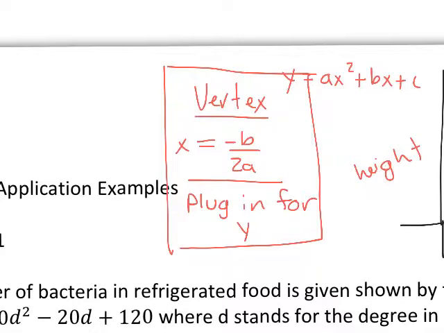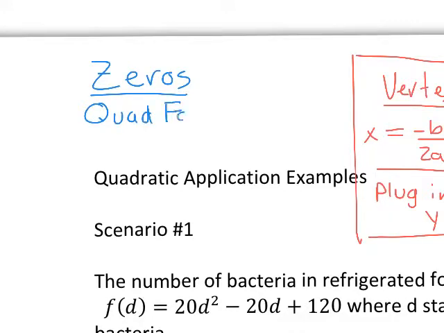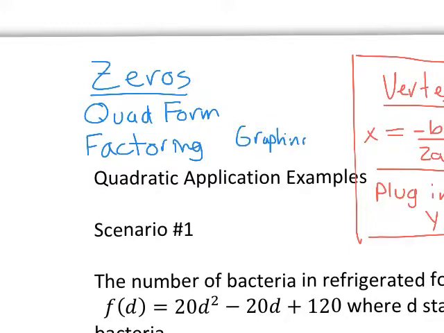Okay, and then for the zeros, you have options. The option that I'm going to show on this video is the quadratic formula. But you also have factoring, or the last option would be graphing if you are able to have access to the graphing calculator on that particular problem.